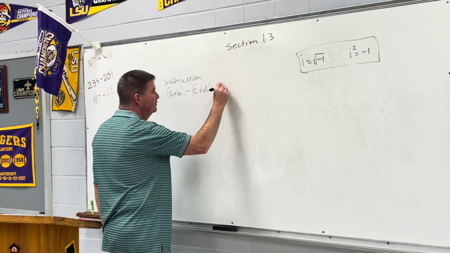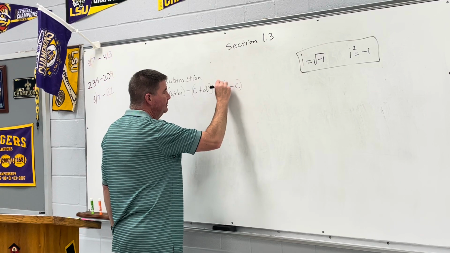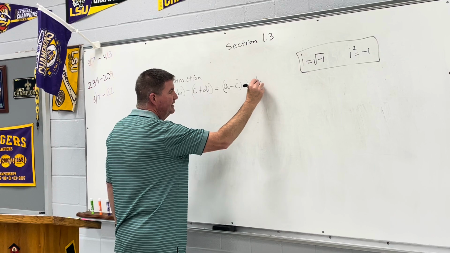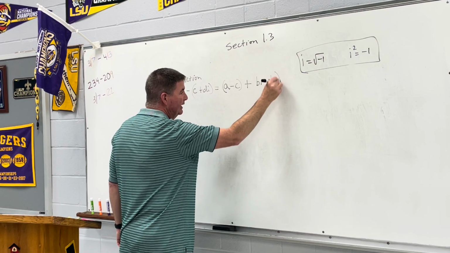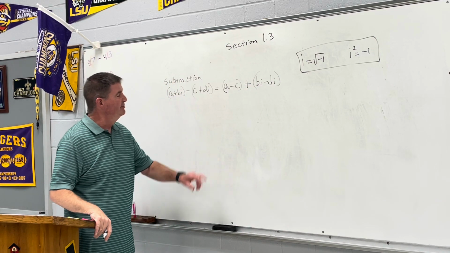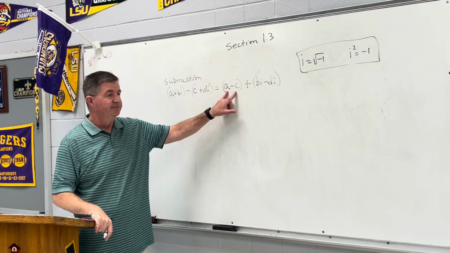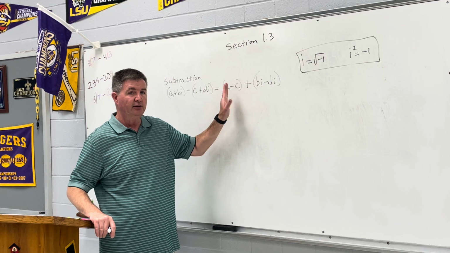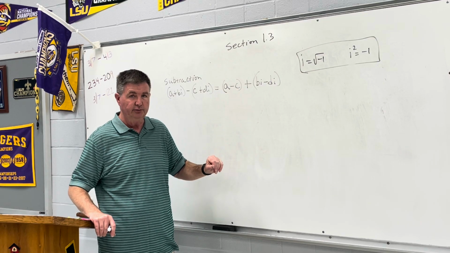So that will be equal to a minus c, but notice it says plus bi minus di, because the subtraction means we're subtracting the reals and we're subtracting the imaginaries. The plus is just a placeholder separating the two.